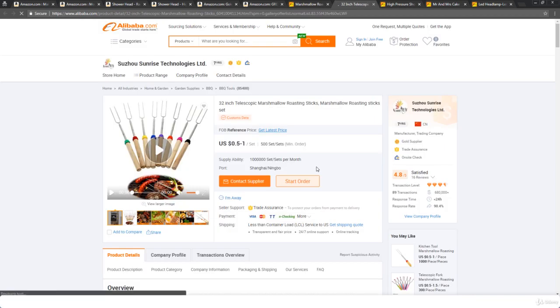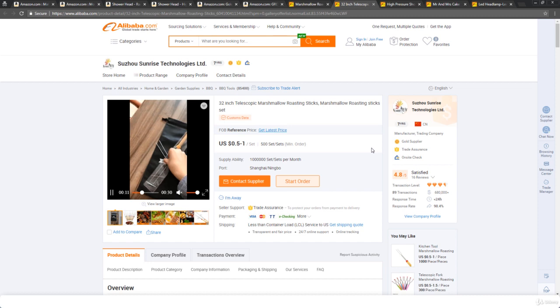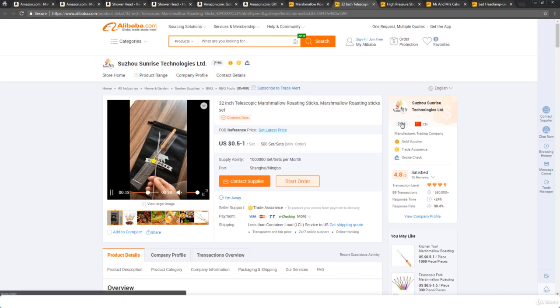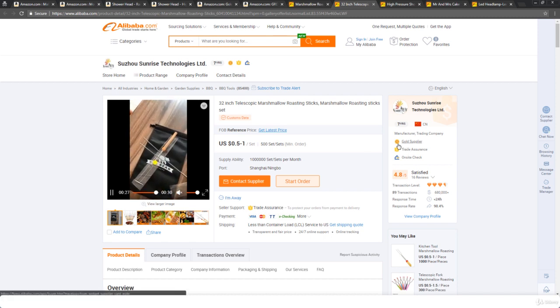Before we look at the product details, there's a couple of things we want to check. First of all, we want to know how long this particular seller has been trading on Alibaba. Here it says 7 years, so that's good. You want a minimum of 2 years, and 3 years is better. We want to know that this supplier is a gold supplier.